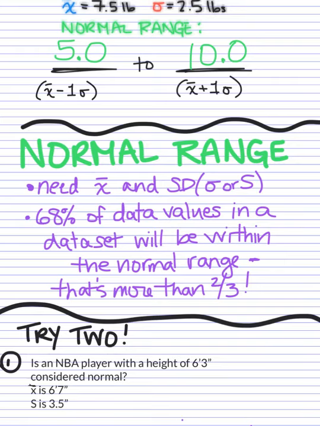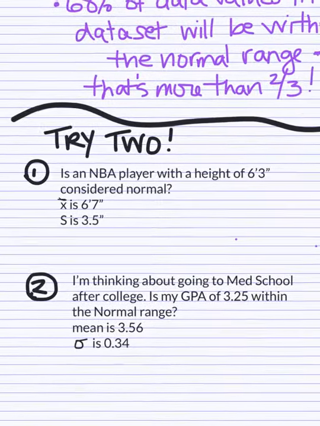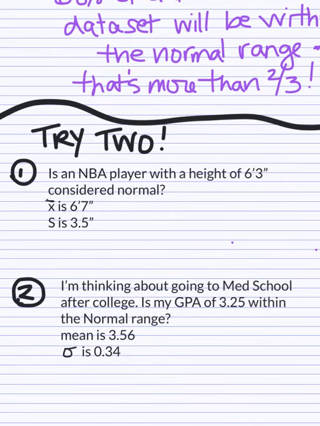All right, so let's try 2 examples here. Is an NBA player with a height of 6 feet 3 inches considered normal? So obviously, for the height of civilians, those of us who don't play in the NBA, 6 feet 3 would be quite high above normal. 5'7" is actually the average height of men in the US.